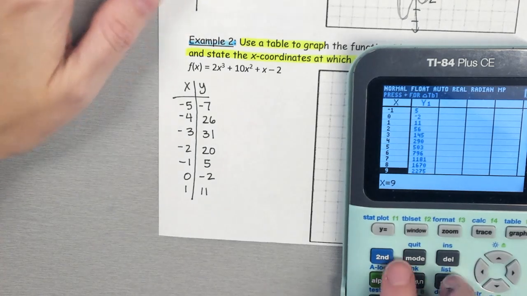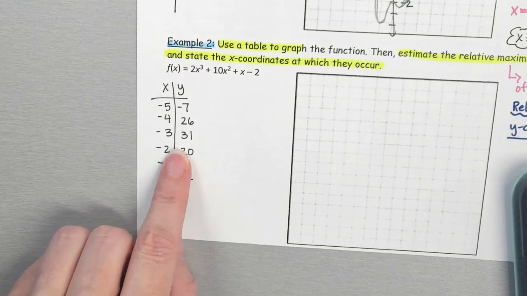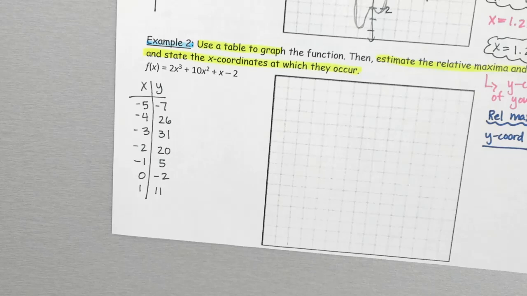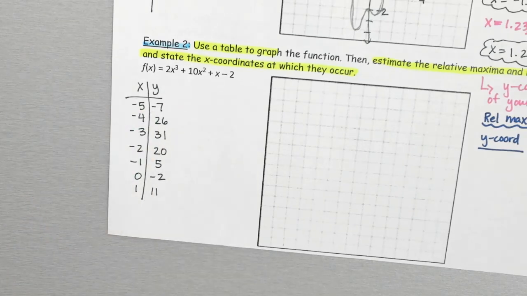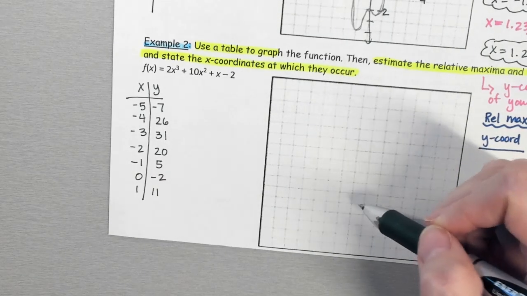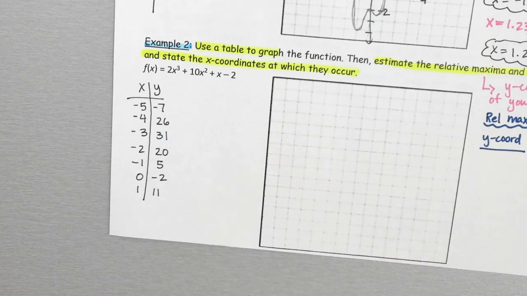Okay, so you can decide what you want your scale to be, but you have to make sure that you go all the way up to 31, and you have to go down to -7. So 2 is not going to be enough based on how many boxes we have here. When you're doing this on graph paper, if you wanted to do by 2, you absolutely could and have the 15.